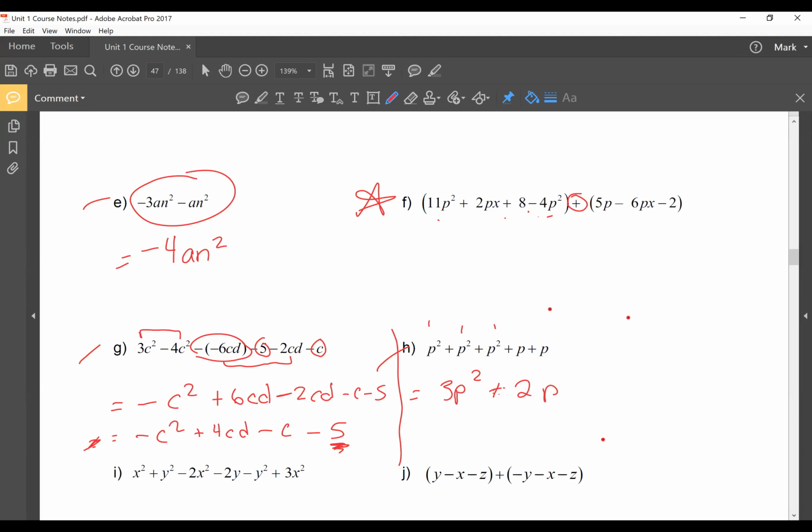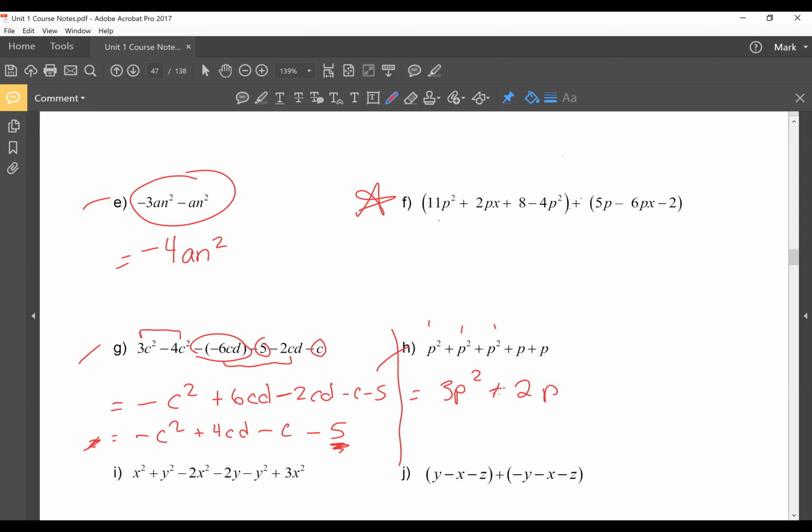Be very careful of the sign in this question. If this sign was negative, it would change everything inside those brackets when we remove the brackets. You need to remove the brackets here so we can combine our like terms. We will follow BEDMAS, meaning anything inside the brackets we will do first, then we'll solve everything outside of the brackets.